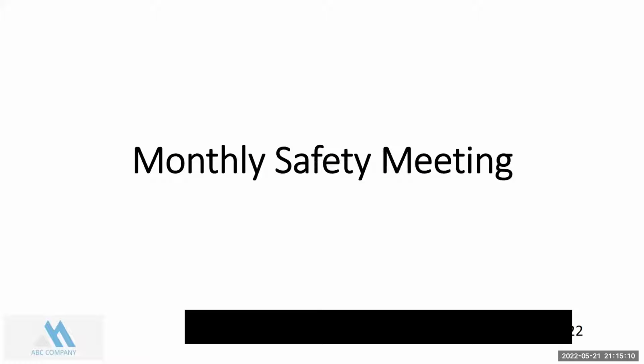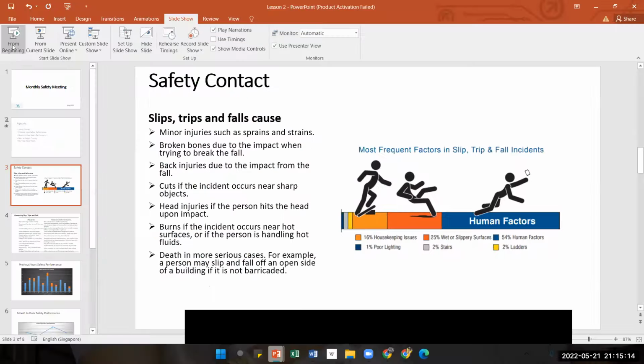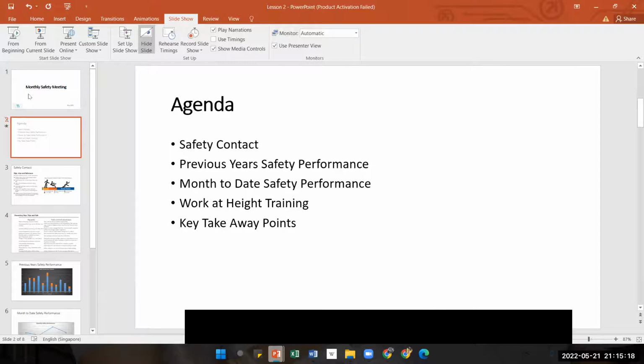I go back, and you see the first title and then the safety contact. Now I'm quitting the presentation. In the document, you still have the agenda slide, but you can see that it is hidden. That's why you see a slash through the number and the data becomes light gray. So this is how the slide is hidden.